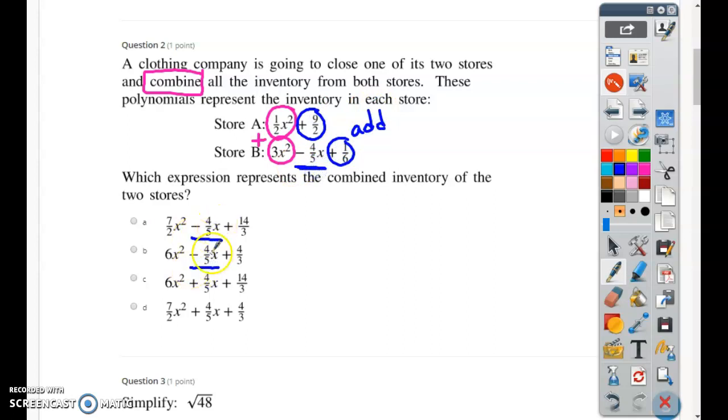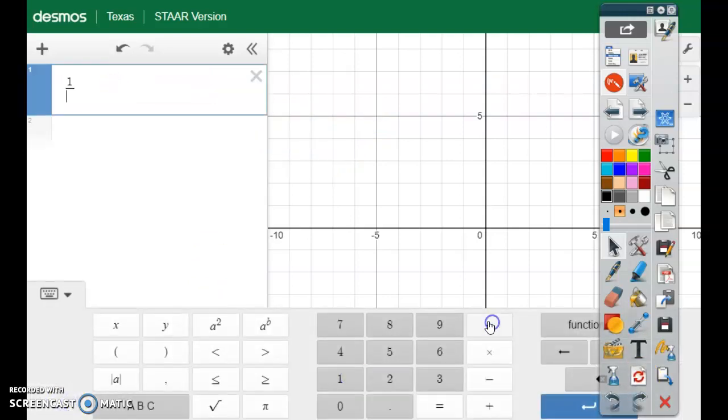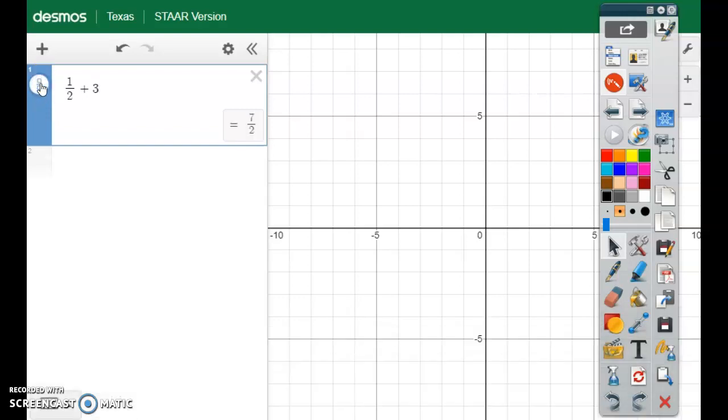So it's between A or B, not C or D. So when I put that in Desmos, 1/2 plus 3 is 3.5. If you hit the fraction button, that's 7/2.